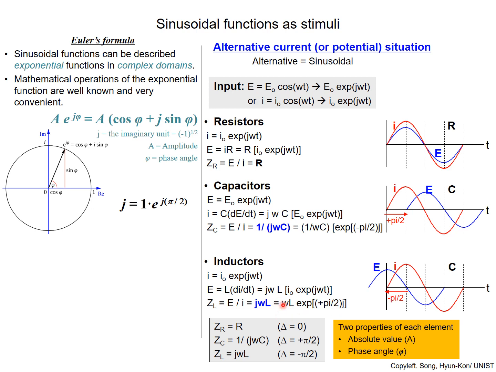So omega L exponential plus 90 degrees, where 90 degrees is pi over 2, which means the potential will follow the current.